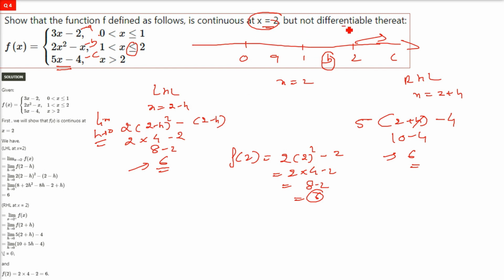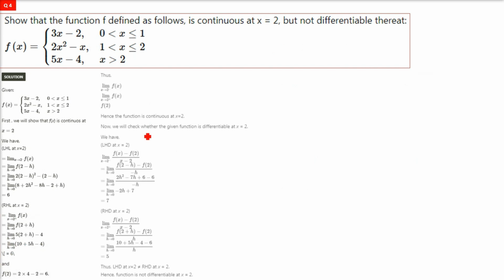Now the next thing is the differentiability. In order to find out the differentiability, we have to take a step ahead. So what is the step ahead? Please remember, the LHL and RHL we have found out. Here we are going to find out the LHD and RHD, left hand derivative and right hand derivative, again at the point 2. So the left hand derivative is limit x tends to 2 minus, just to show that we are going a bit backwards.